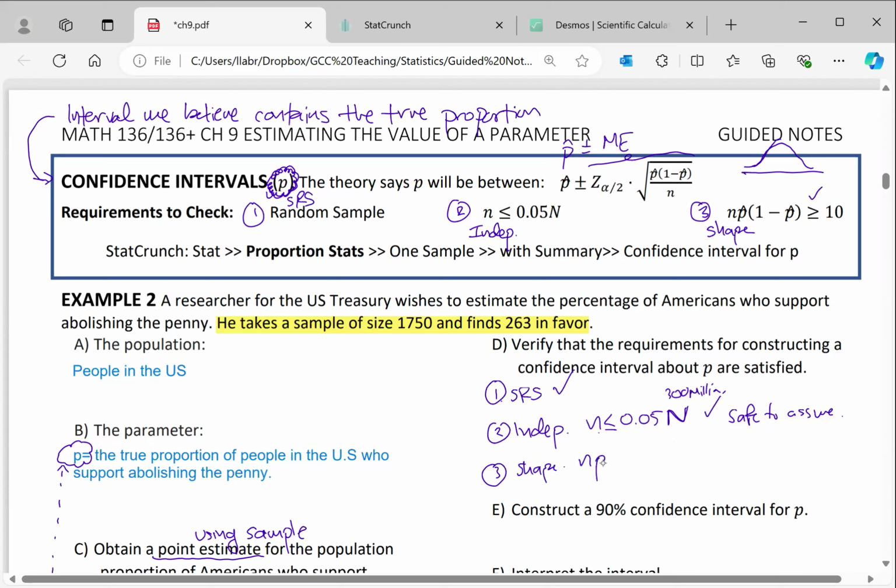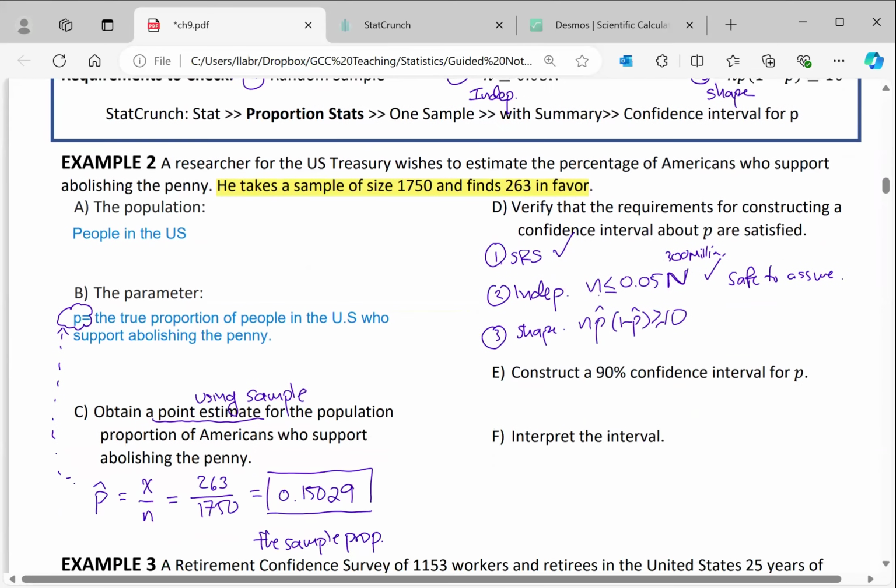So is n times p times 1 minus p greater than or equal to 10? I don't have p, so we're going to be using the sample proportion, which we found in part C. So all we do is substitute. n is 1750.